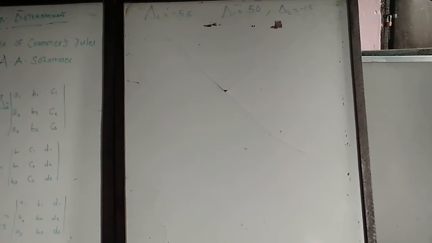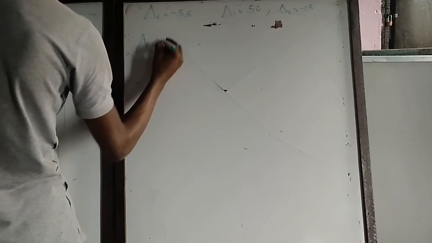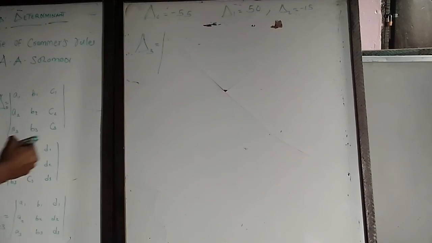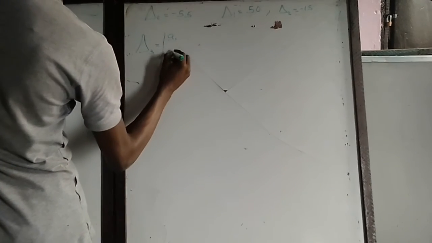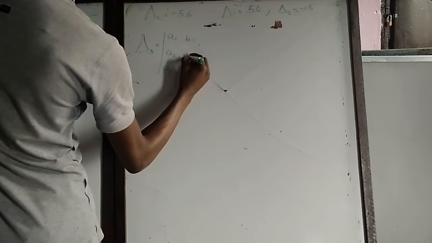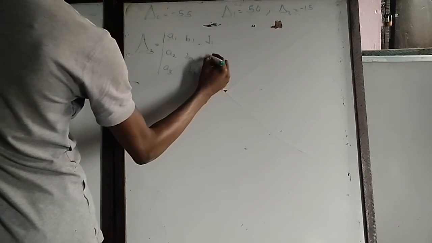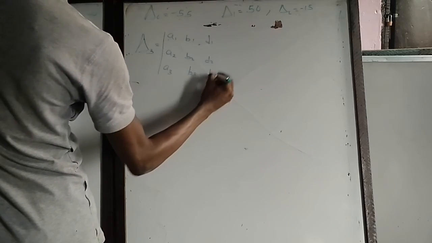So our formula for D3 is going to be A1, A2, A3, B1, B2, B3, D1, D2, D3.